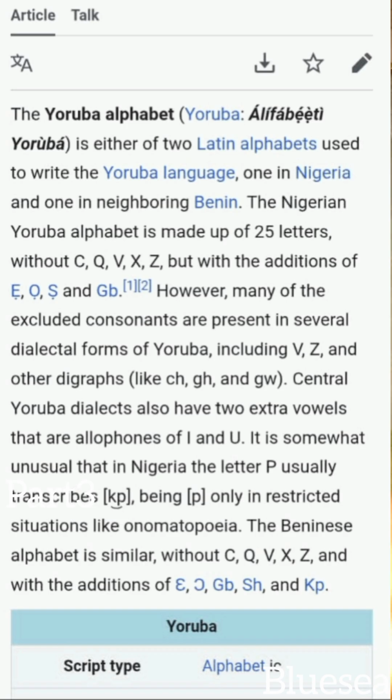Okay, so read it from the screen. However, many of the excluded consonants are present in several dialect forms of Yoruba, including V, Z, and other diagrams like CH, GH, and GW. Central Yoruba dialect also have two extra vowels that are allophones of I and U. It is somewhat unusual that in Nigeria, the letter P usually transcribes KP, being P, only in restricted situations like onomatopoeia.